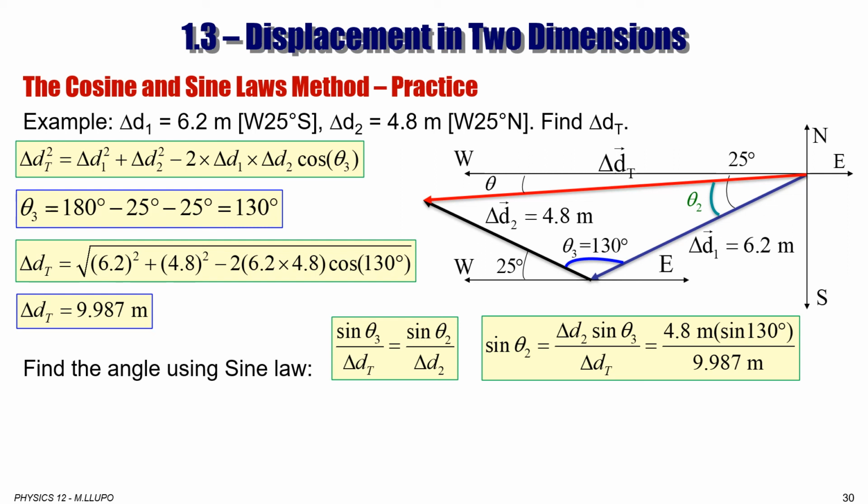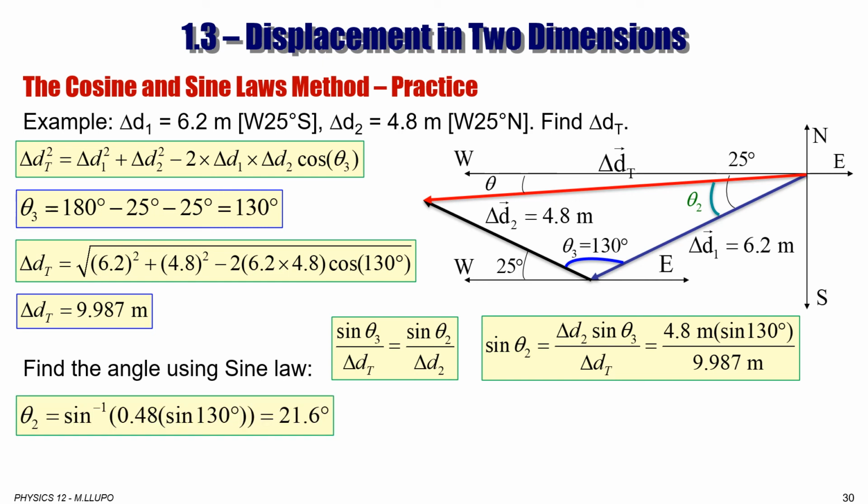We plug those numbers. We have all known values. And then we can find theta 2, which is sine -1 of 4.8 divided by 9.987 times sine 130 degree, which will give you 21.6.